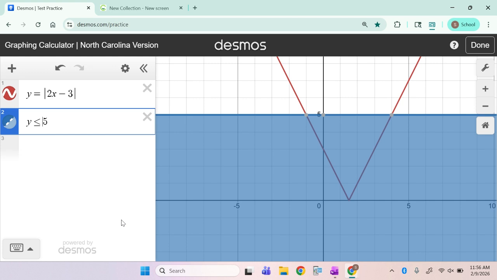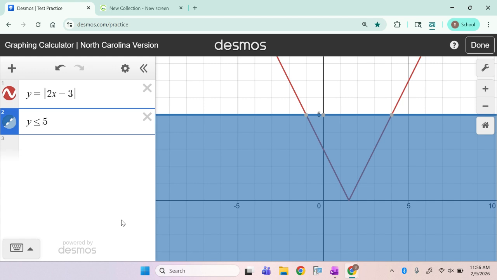But if we look at the absolute value graph, which pieces of the graph do we want? That would give us x values. What x values would give us y values that are less than or equal to 5? You want to look where the shading overlaps with your graph.